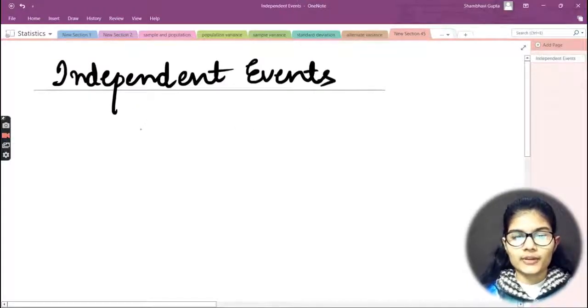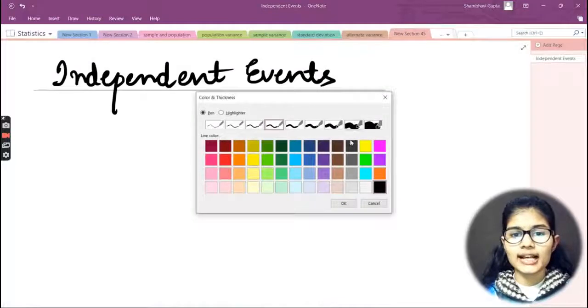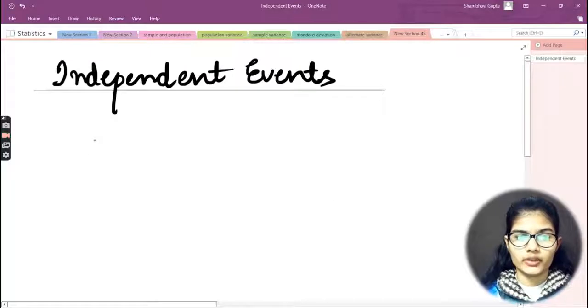We have some conditions here that are to be put. If those respective conditions are true, then we say that these are independent events.